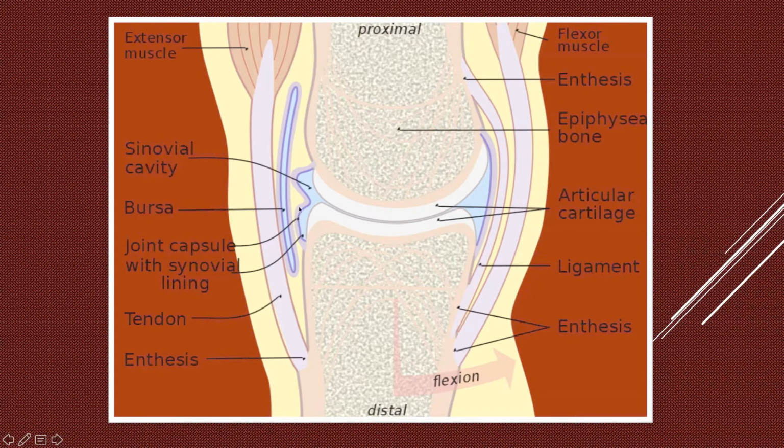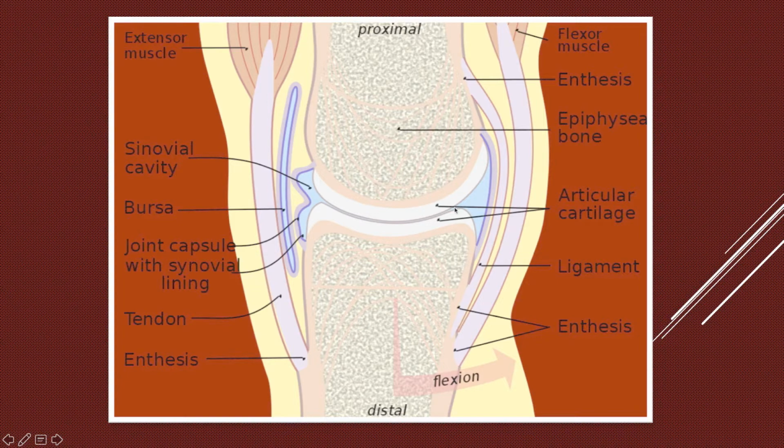This you can see is the joint capsule, and the inner lining of this joint capsule is the synovial membrane, which is formed from synoviocytes, which secrete the synovial fluid from the blood. The transfiltrate is called the synovial fluid, which lubricates the joints.